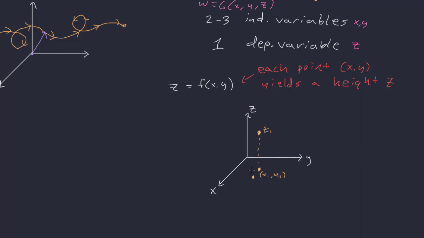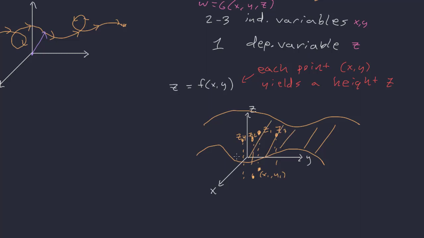And then this point here will correspond with another z, and another z, and another z, and when we put it all together, what we end up with is a surface of heights, making a surface.